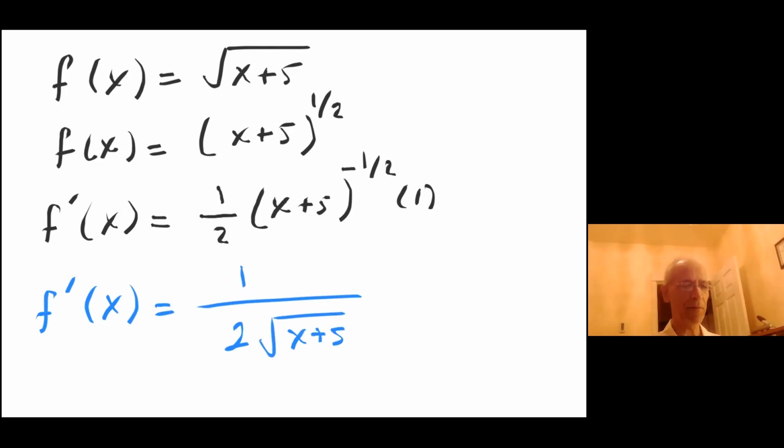All right, so now I'm going to set this equal to the average slope, which was 1/2. So now I have 1 over 2√(x + 5) equals 1/2.